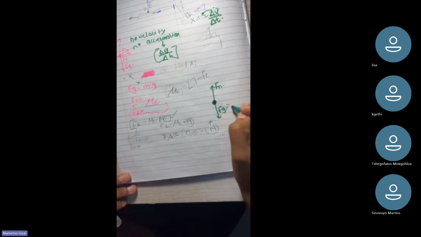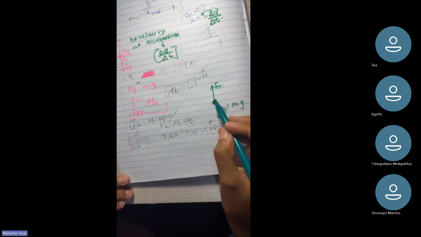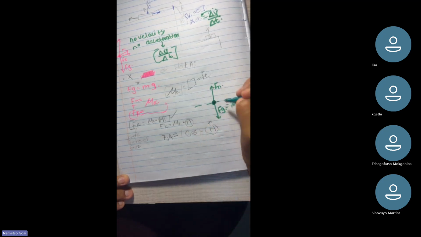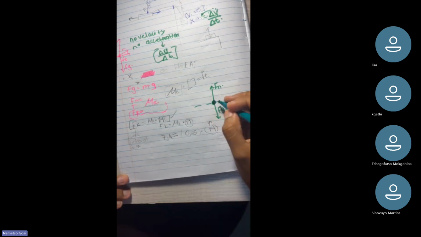What is the formula to calculate Fg? Mass times gravity. Fine, let's say this was just a line. Remember, I said Fn is just the same as Fg, just in the opposite direction.